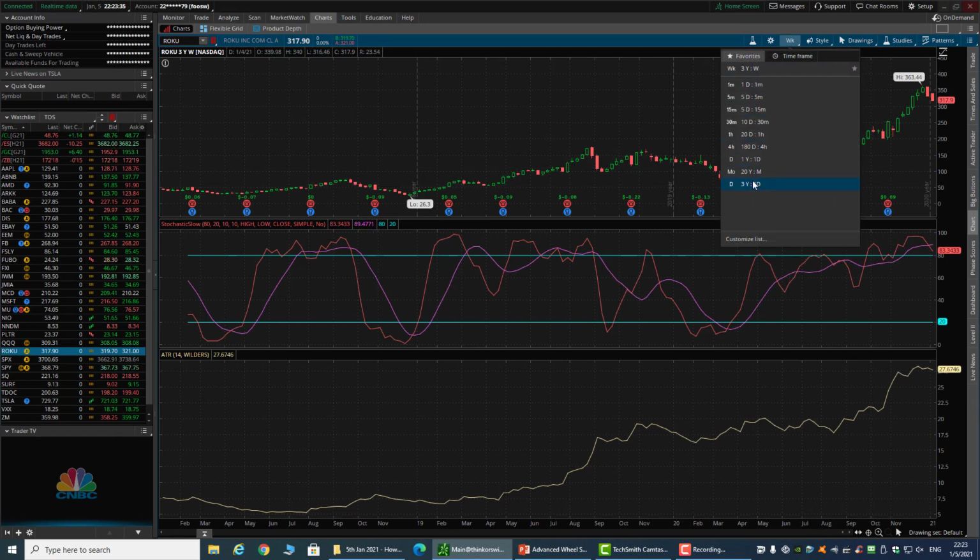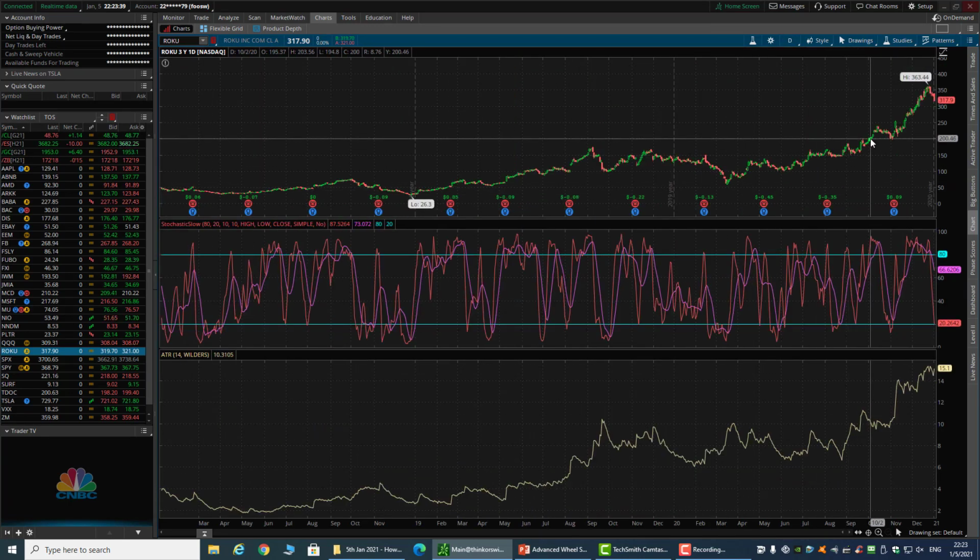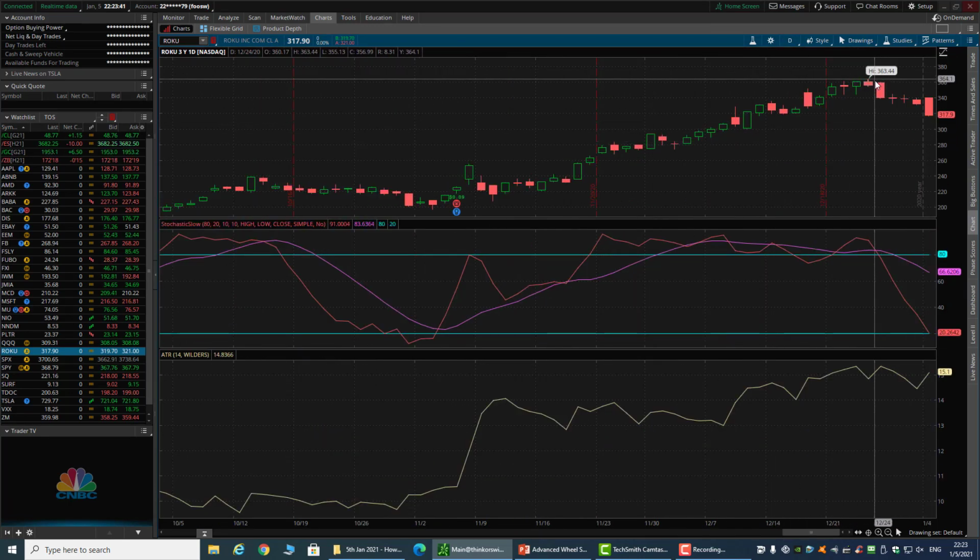we switch this over to a daily chart. The high was actually 363, and right now it's at about 318, which is about 15 to 20% off the high, and that is one of the reasons I entered into this trade.